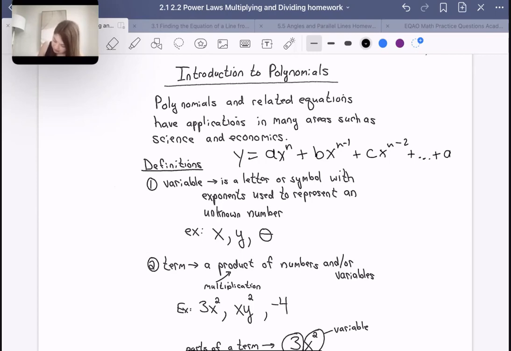Let's just say a naught x squared plus b naught x plus c naught, for example. So what defines something as a polynomial is, do we just have variables, coefficients, and constants? Now let's talk about what those mean exactly.